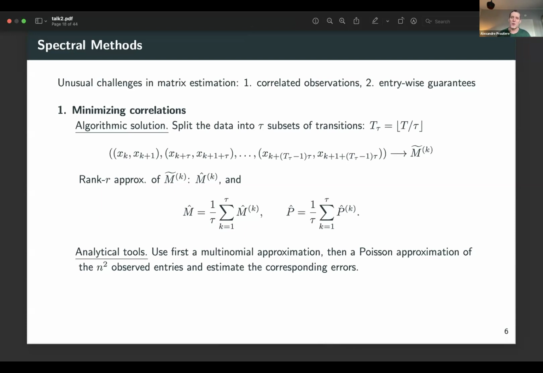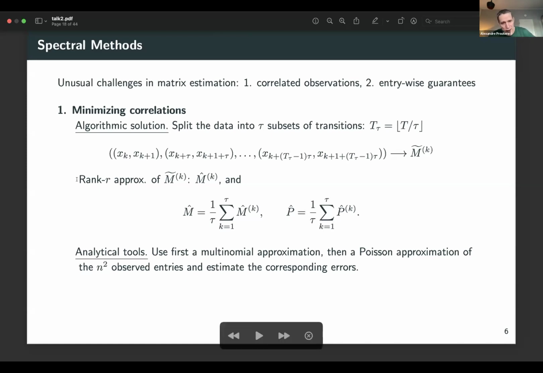And by doing that, you hope that you kill the correlation enough so that the estimated entries can be seen as almost independent. After you split your trajectory into T over tau matrices, you estimate these matrices independently.